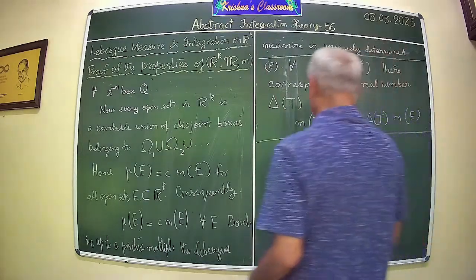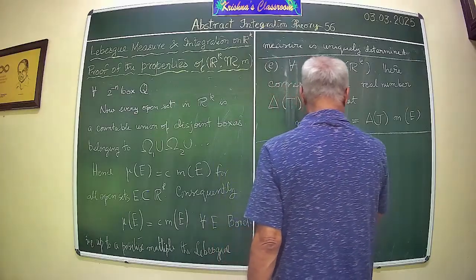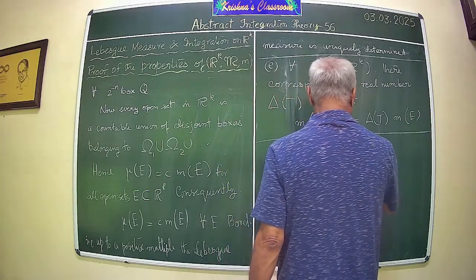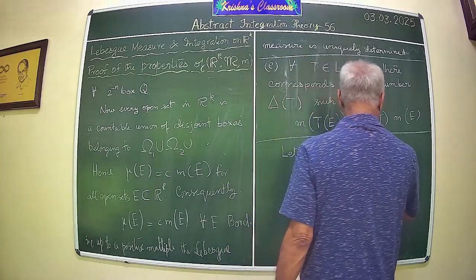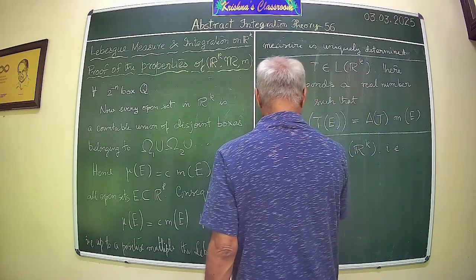So let T be a linear transformation from Rk to Rk.